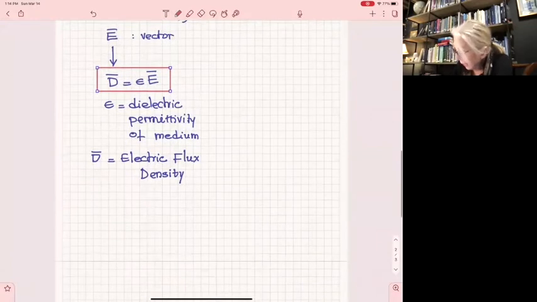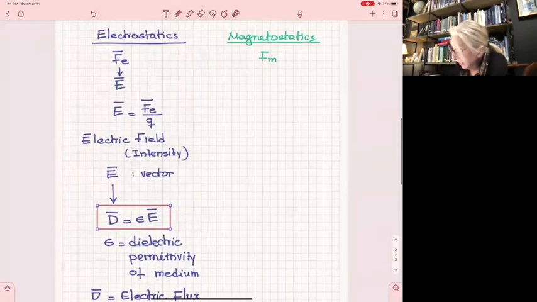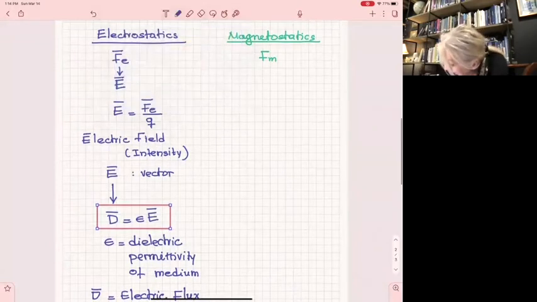And for dielectric permittivity, it is important to remember the units, because there is a differentiation there. The units for E are volts per meter.